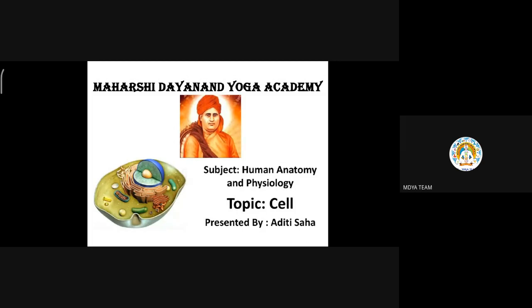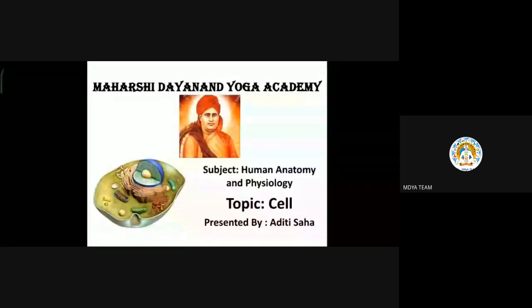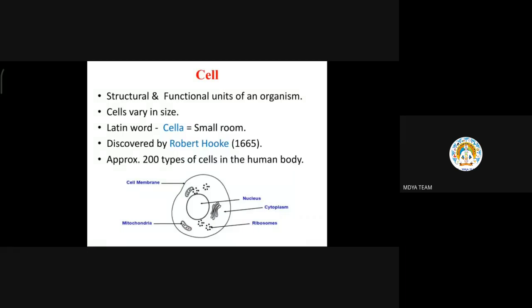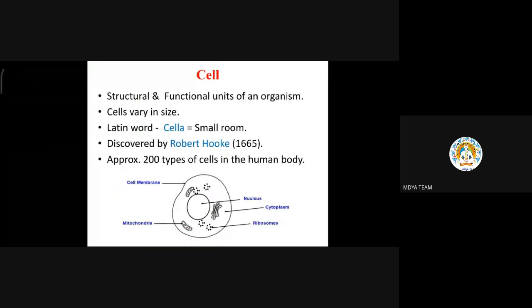So the basic functional and structural unit of human physiology is a small cell. It may vary in shape, size, or its structure and functions. If I go to the origin or root word of cell, then it comes from Latin word cella, which means small room.